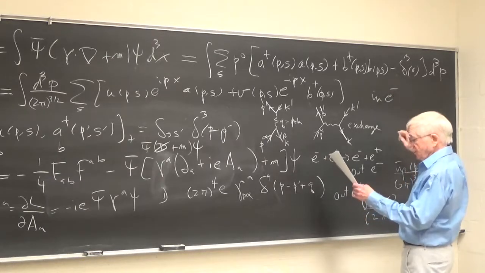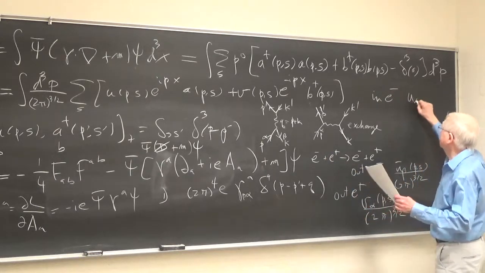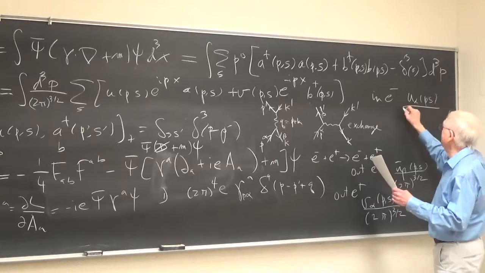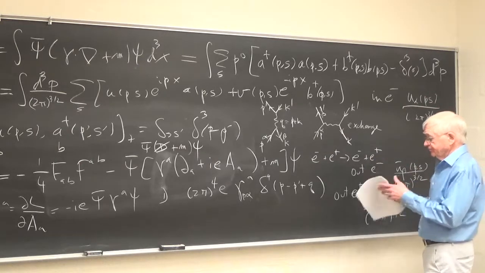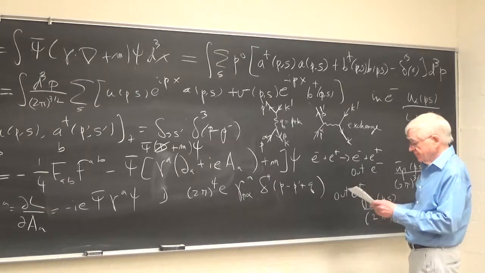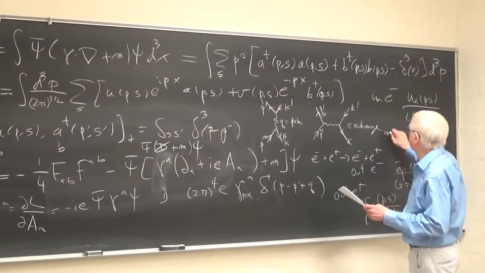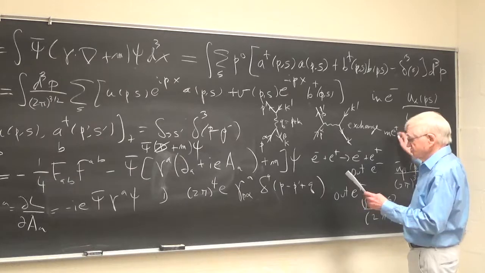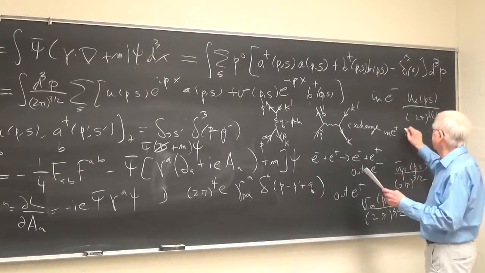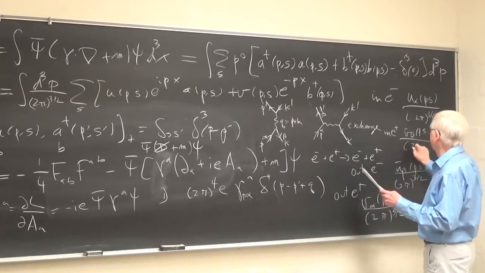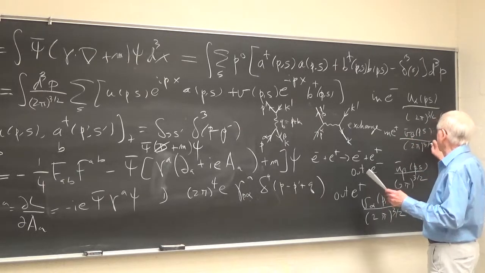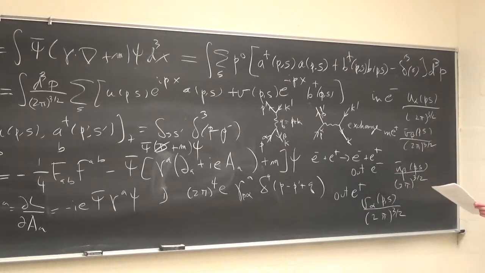Incoming electron line, U alpha of P and S over, again, 2 pi to the 3/2. Incoming positron line, V bar beta of P and S over 2 pi to the 3/2.